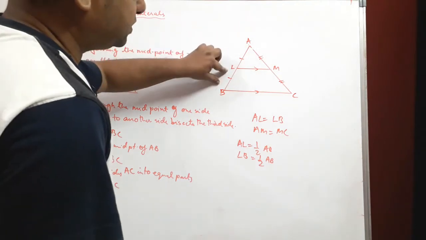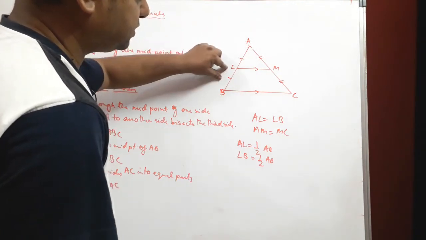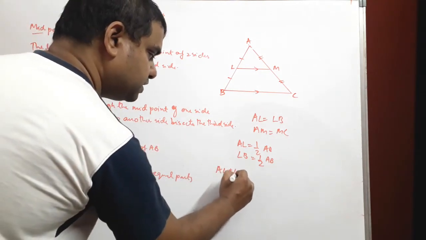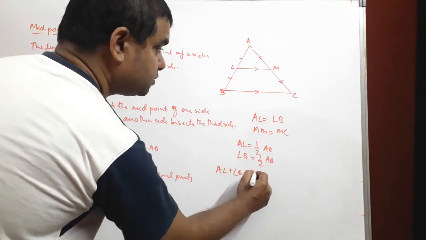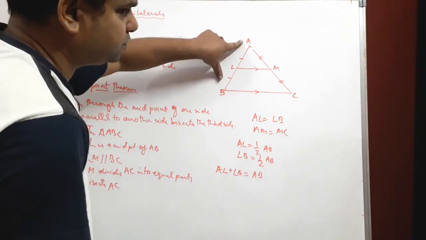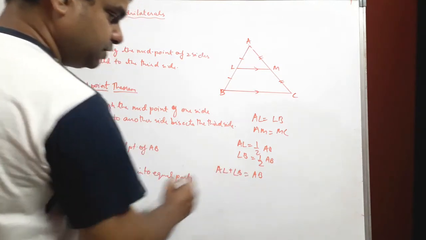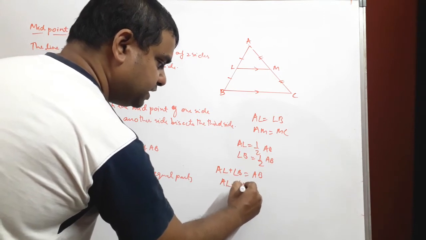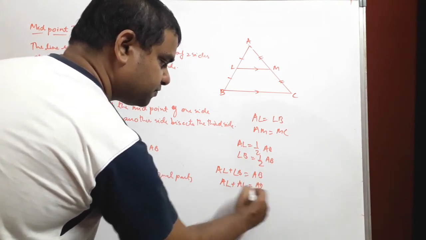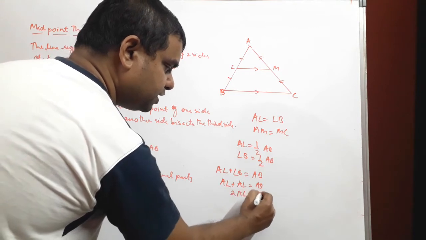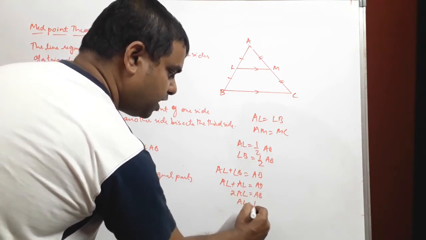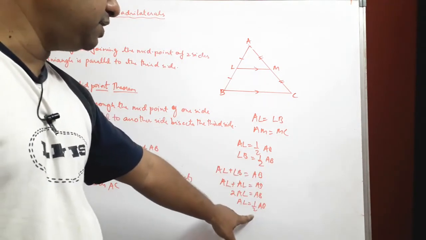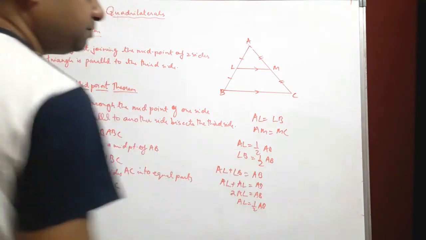AL plus LB is equal to the full length AB. But if AL is equal to LB, then it's as good as writing AL plus AL equal to AB, which means 2 times AL equal to AB, or AL equal to half of AB. Similarly we can write LB equal to half of AB as well, because AL is equal to LB.